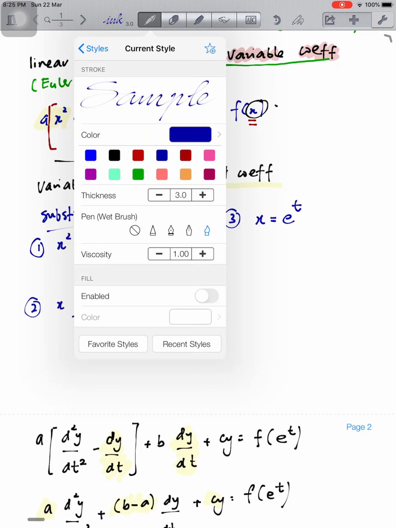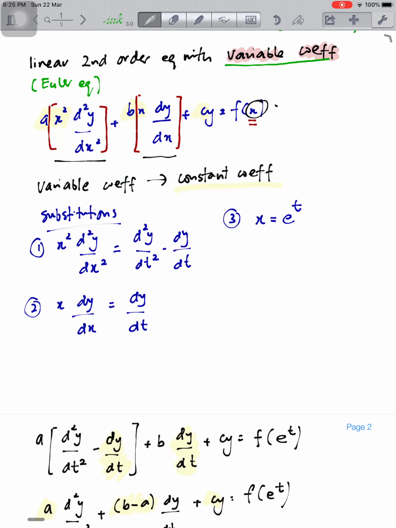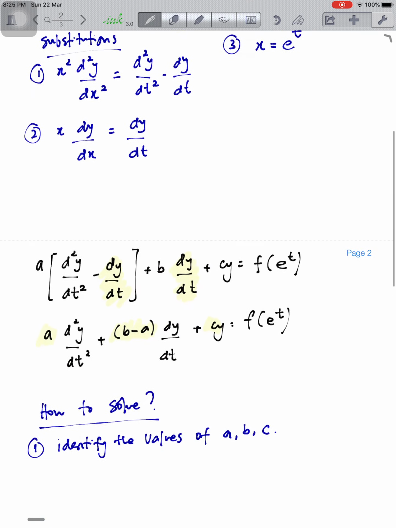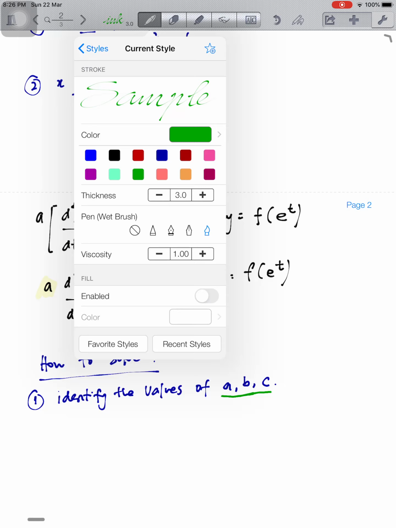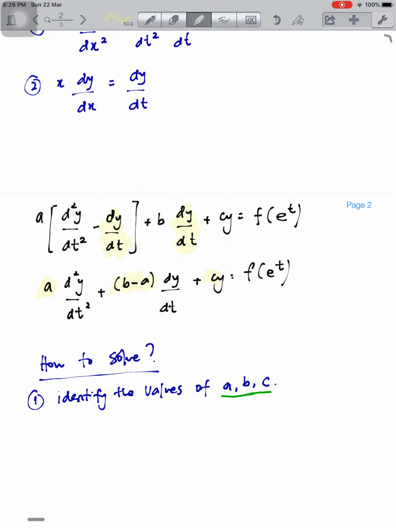So a is going to be the number that goes right in front of the x squared, b is going to be the number that goes right in front of x, and c is going to be the coefficient of y. And after you have identified the values of a, b, and c, the next step is to substitute into the equation that we have derived above.